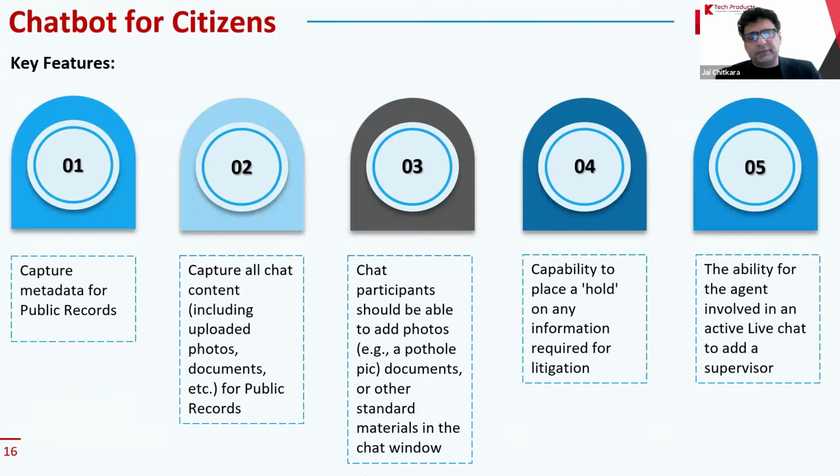So today's topic is chatbot for citizens and chatbot for enterprise applications. Many of you may have joined this call to learn about what type of services we have for citizens. It could be city, state, or county. The city has public records, right?